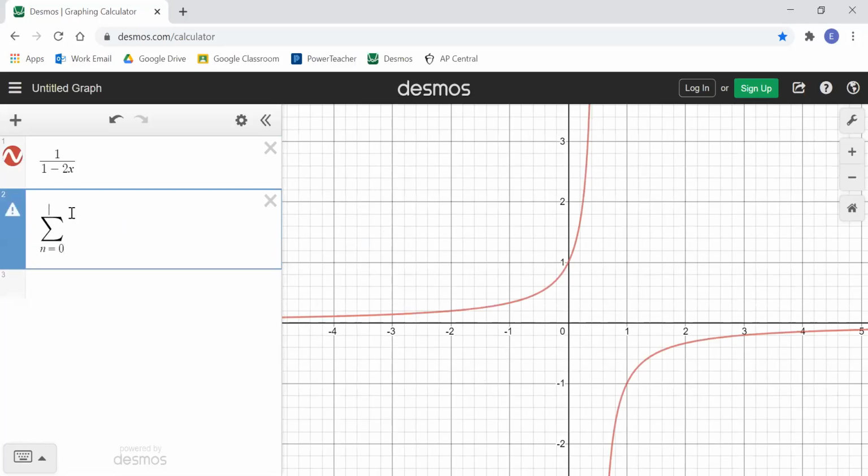And we had 2x to the n. And if we put in 5, let's say, looks pretty good, right? Put in 50, we can see that right as we get to about negative 1/2, it skews off wildly away from it, right? Because our interval is only negative 1/2 to 1/2 now instead of negative 1 to 1. Good or no?